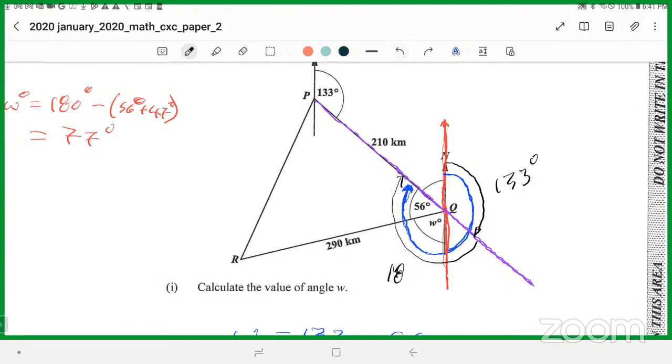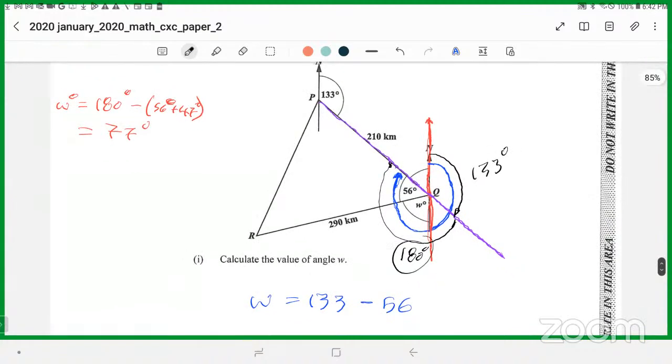The purple line is on a bearing of 133 degrees. Anywhere you put the purple line, it's on a bearing of 133 degrees. So this part of it is 133 degrees, and then to complete that blue angle, back to the purple line, that's 180. So to get that bearing, we could have added these two and got the same thing. Check it for me now.